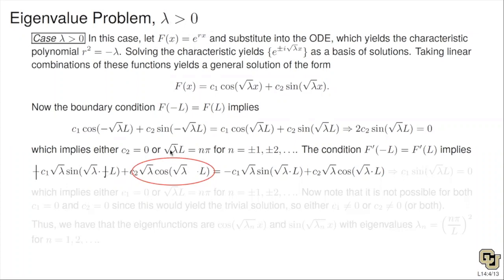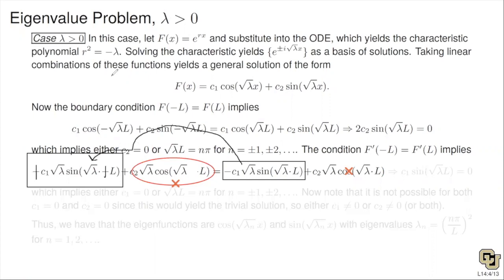Here, this term cancels with this term. And these terms here, if you move this term over, it'll combine. It'll go from negative to positive, and we add it to the same term that's on the other side. So we're going to get 2 C1 root lambda, sine of root lambda L equal to 0, and square root of lambda I canceled on both sides because it's not 0. So just cancel that.